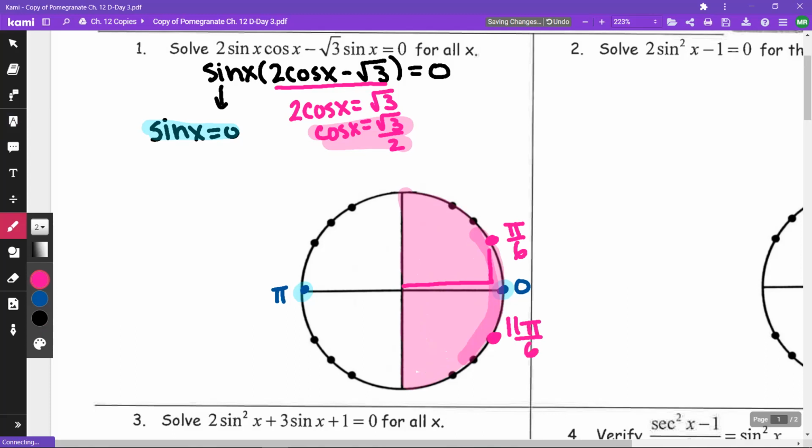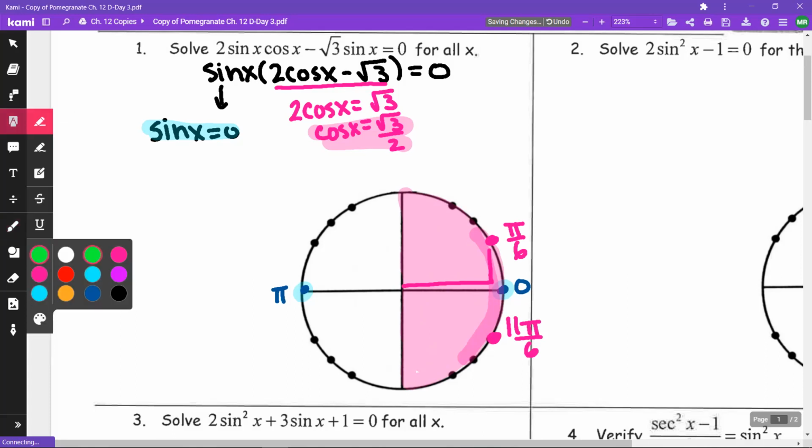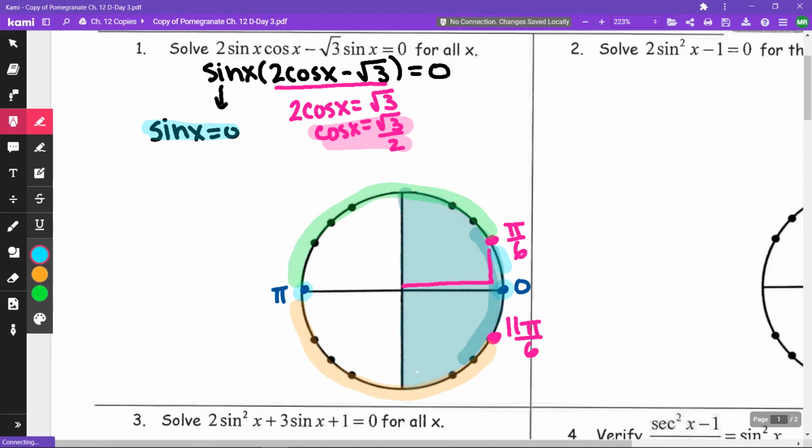Now, when I give my final answer, since these are asking for all, I am really trying to see if I could write it in a simplified form. So I'm looking from here to here to see if the distance from here to here is the same as the distance from here to here, which it is, but the distance from here to here is not going to be the same.